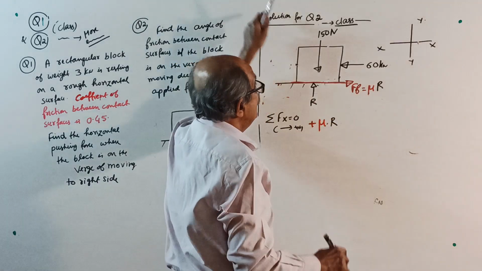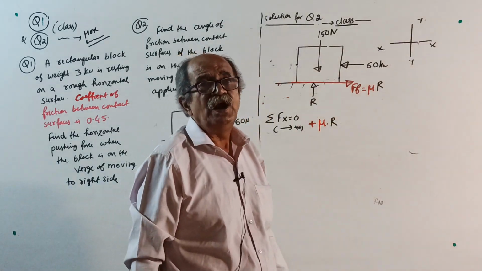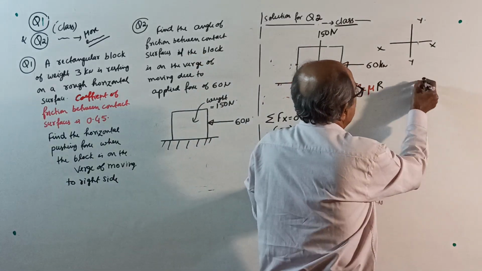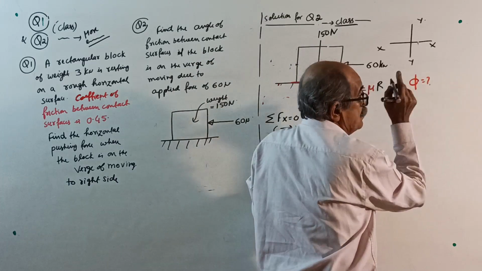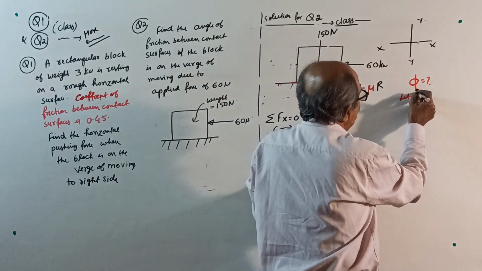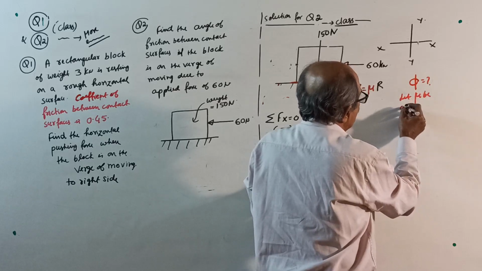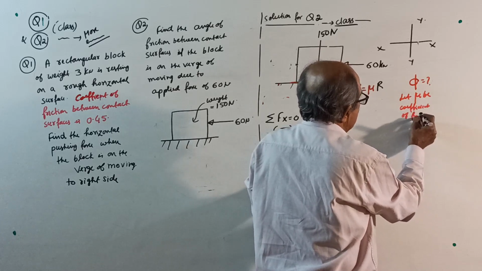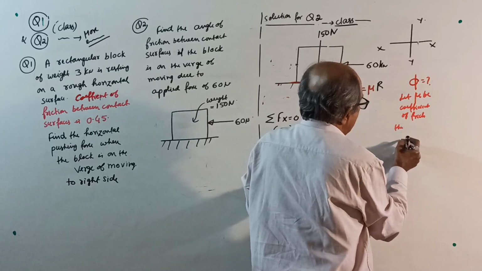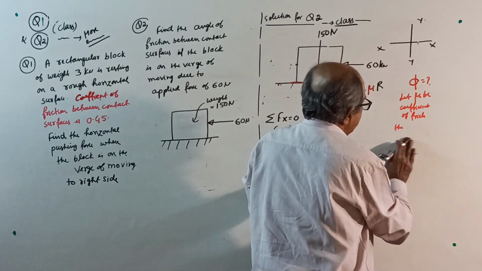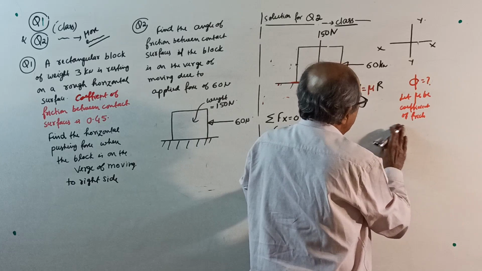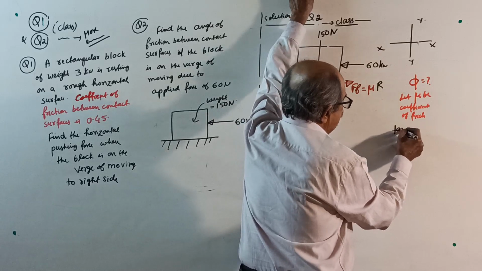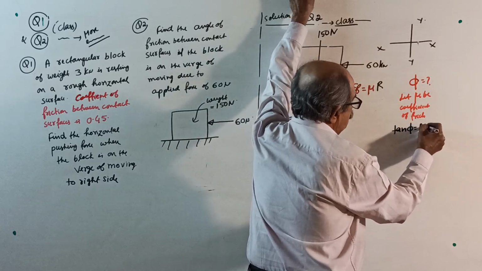One thing forgotten. In the question we are required to find the angle of friction phi. But we know that, letting mu be the coefficient of friction, tan phi equal to mu.